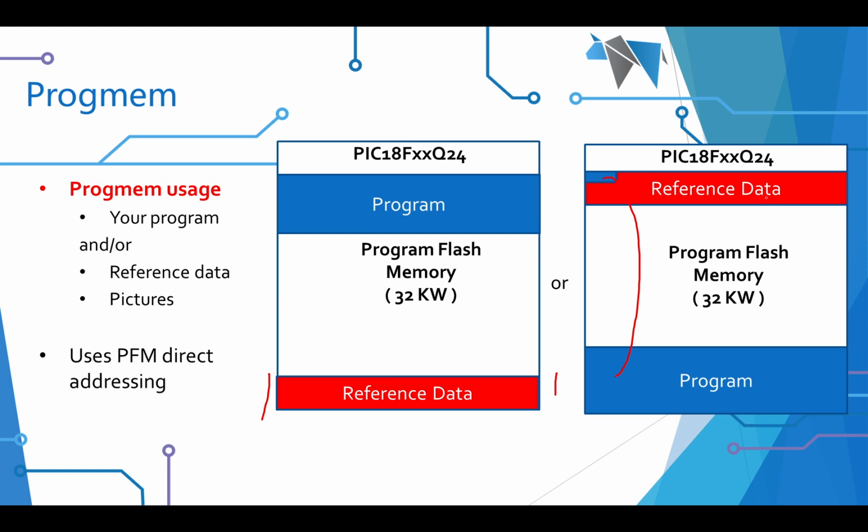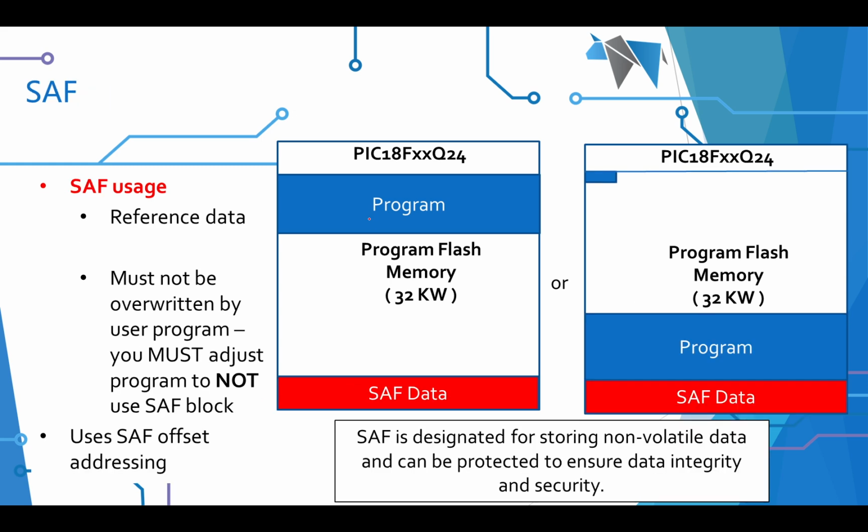and to ensure you don't mess up your program, the blue stuff. SAF. SAF is, as it says in that box at the bottom, designed for storing non-volatile data that can be protected to ensure data integrity and security.